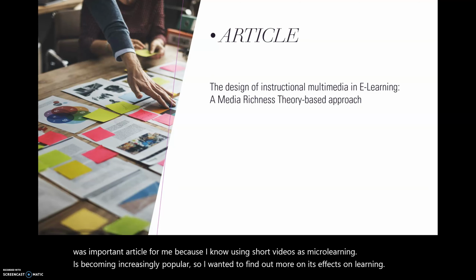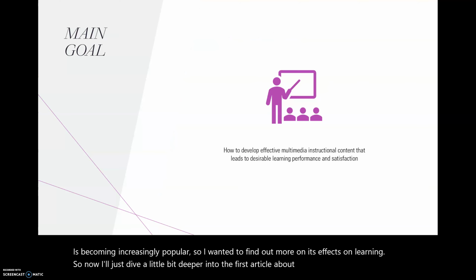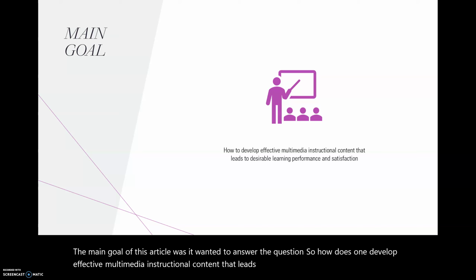Now I'll dive a little deeper into the first article about media richness. The main goal of this article was to answer the question: how does one develop effective multimedia instructional content that leads to desirable learning performance and satisfaction?